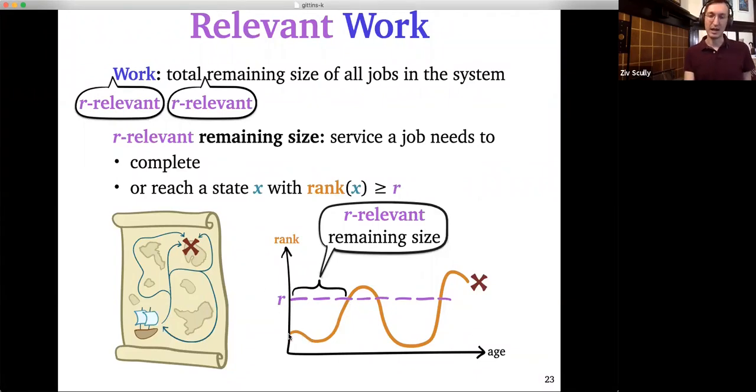Later, a job might contribute R relevant work multiple times over the course of its lifetime. So here a job starts contributing this amount of R relevant remaining size, then it goes to 0, and it remains at 0 for a while. And then all of a sudden, if we were to plot R relevant work over time, the job reaching this age, the second age where the orange crosses below the purple, that would look like another jump up in R relevant work. Does that answer your question?